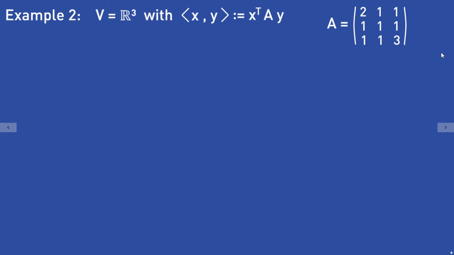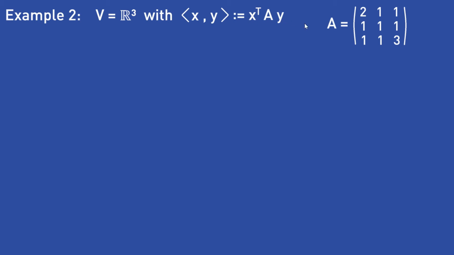So normally you would now have to check if that here is really a scalar product, so if that bilinear form here is symmetric and positive definite. But in our case, the example already tells us that it is a scalar product. So we just trust that this here is a scalar product and move on to the orthogonalization process.